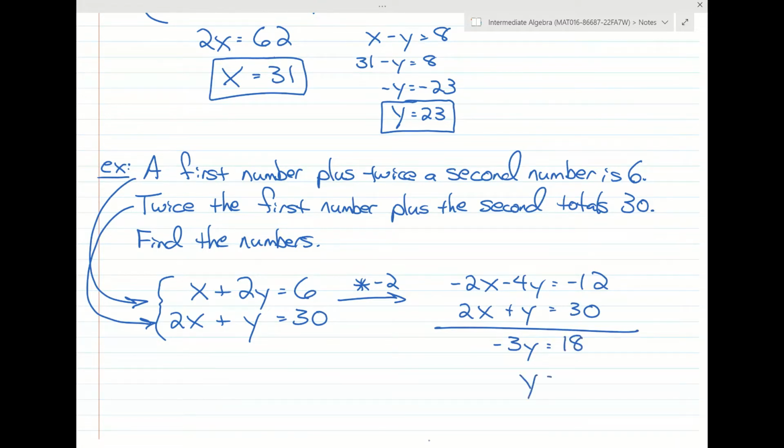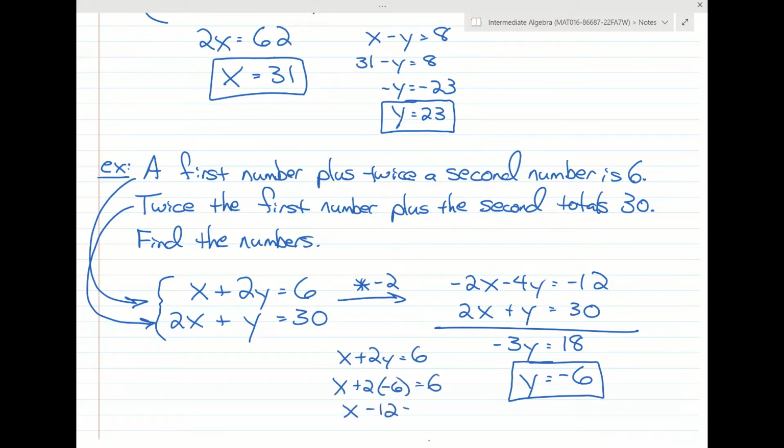Adding them together and dividing, we get y is equal to negative 6. If y is negative 6, getting x is equal to 18.